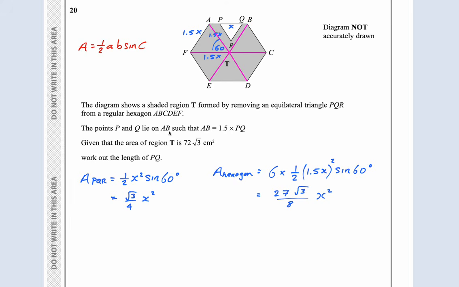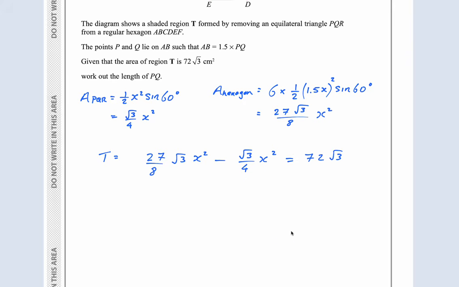So he's saying that the shaded area is equal to 72 root 3. So I'm saying the shaded area T is equal to the hexagon area, 27 over 8 root 3 x squared, minus root 3 over 4 x squared, and this equals 72 root 3. Now all I have to do is solve this equation.